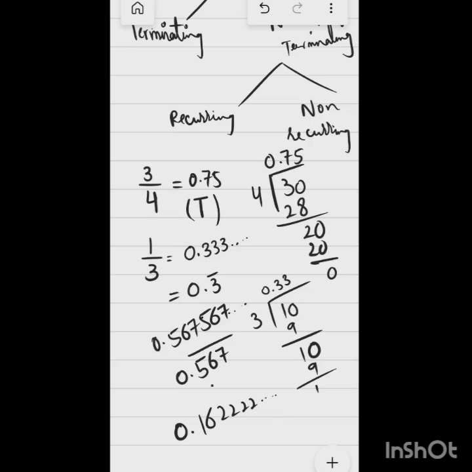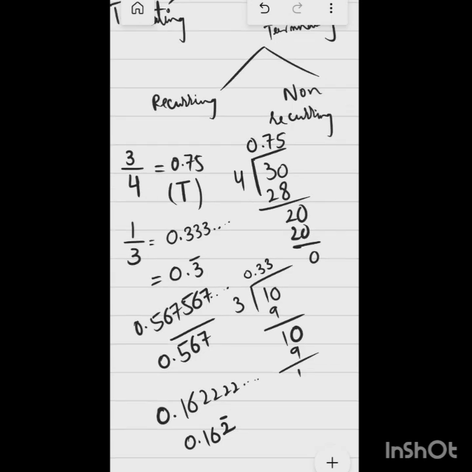We write it like this, 0.16 with the bar on the 2. It is infinite, so it is non-terminating, but it is recurring, not non-recurring. Now it is repeating, so it is recurring. When we encounter the fractions, we will confirm this also.